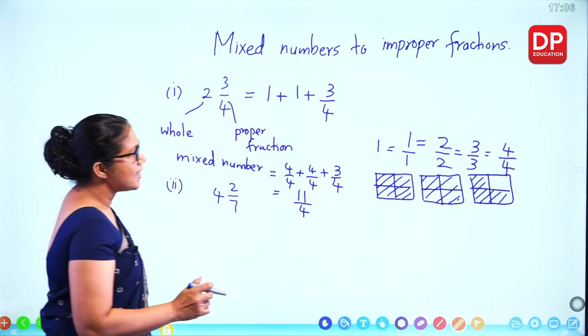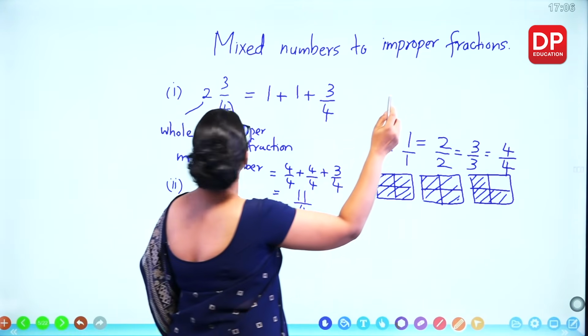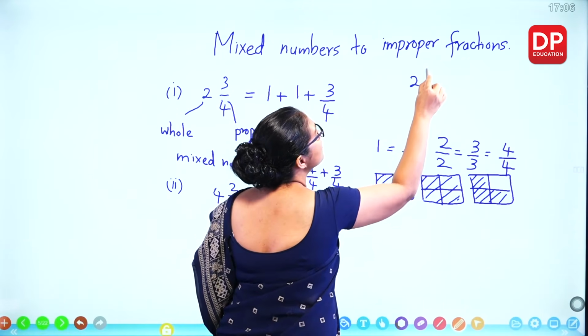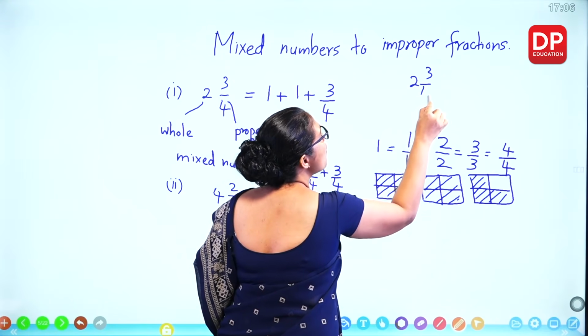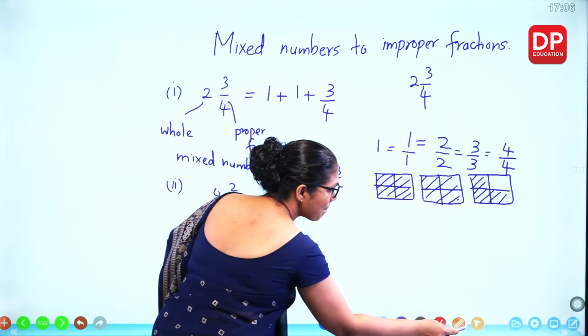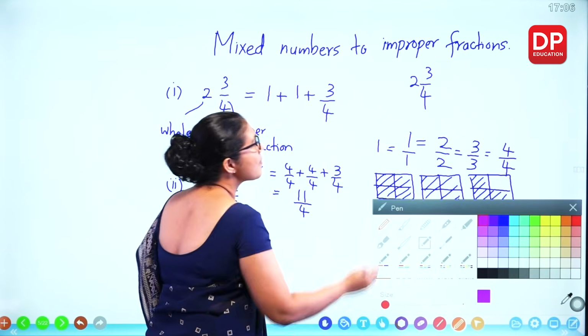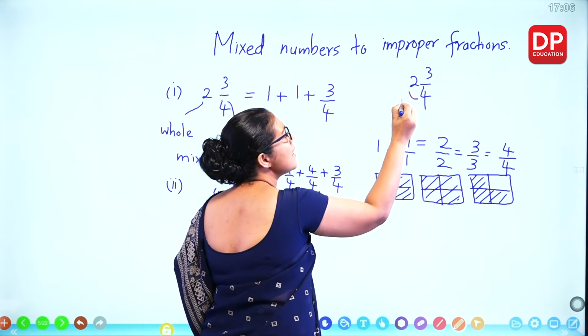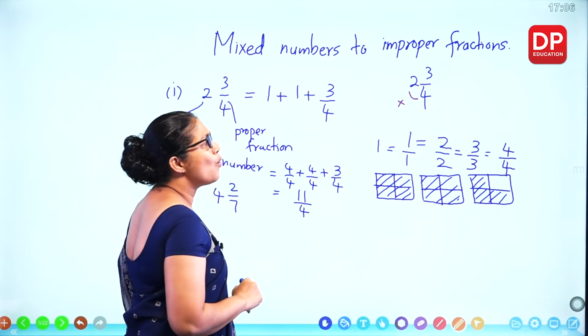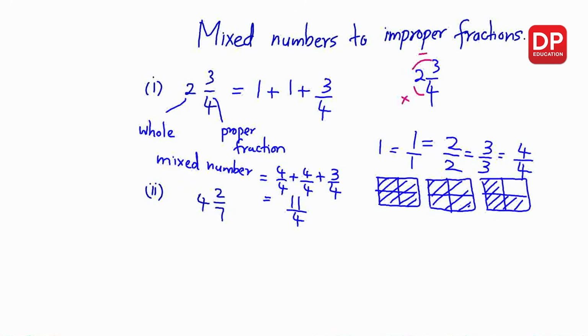I'll teach you a method. Now here, when you have 2 and 3/4, what we do, we multiply the denominator by the whole number and add this value to the numerator.